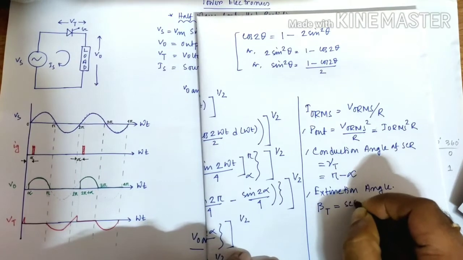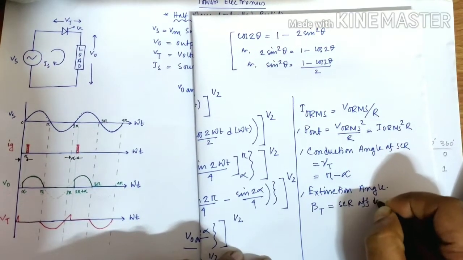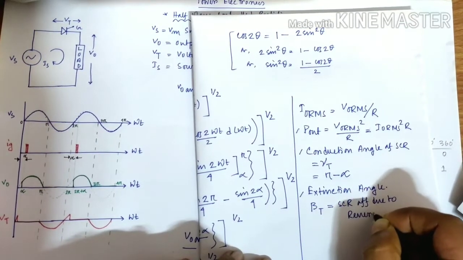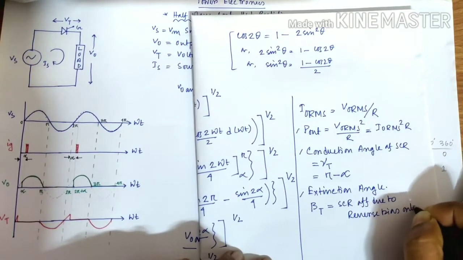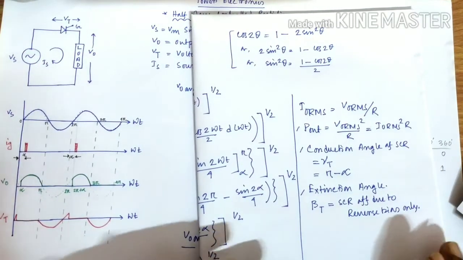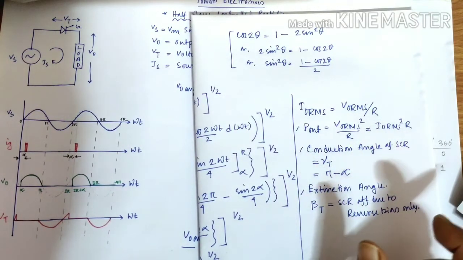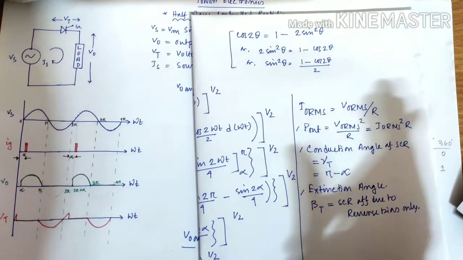A series of due to reverse bias condition, due to reverse bias only. So extinction angle is, we are talking about that particular angle during which SCR is off due to reverse bias only.